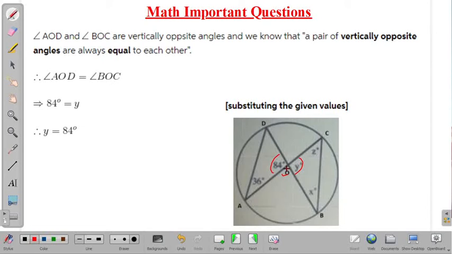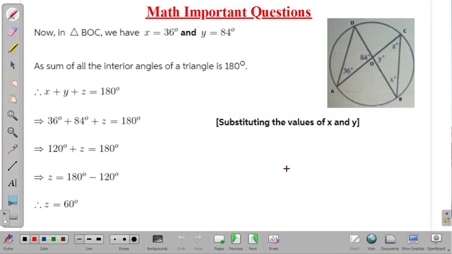Now we have got the values of x and y in triangle OBC, or BOC, and we have to find the value of z. But it is a property of a triangle that the sum of all the interior angles is equal to 180 degrees. So x plus y plus z equal to 180 degrees.